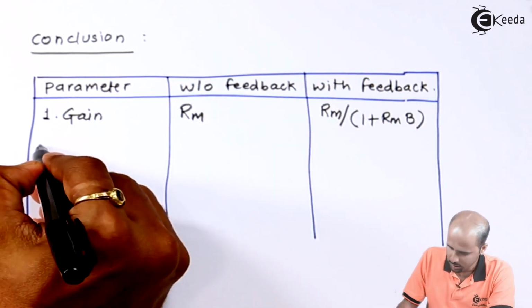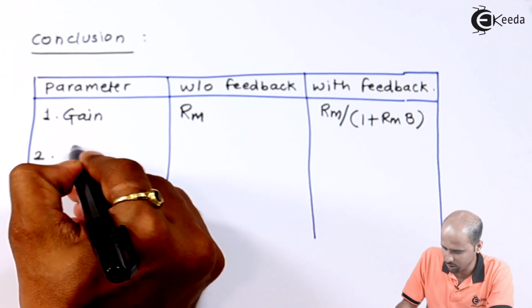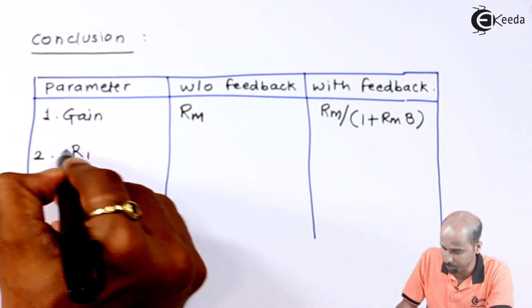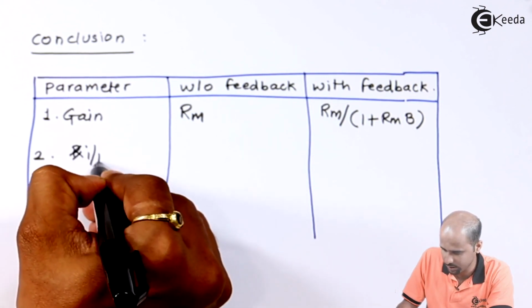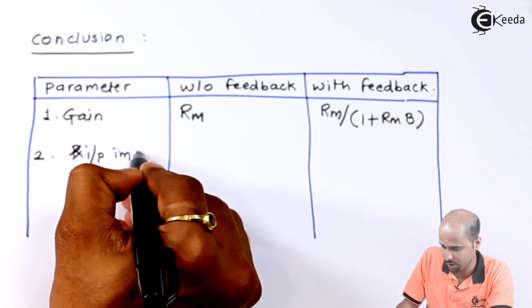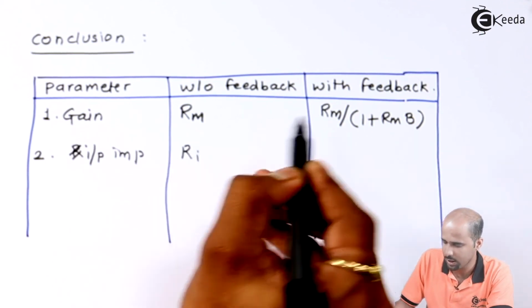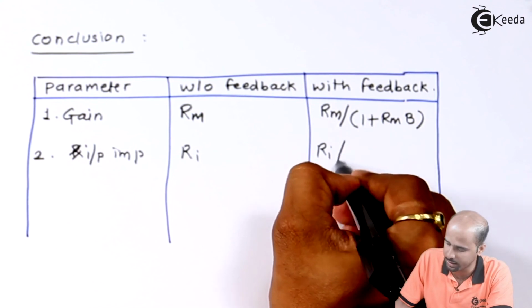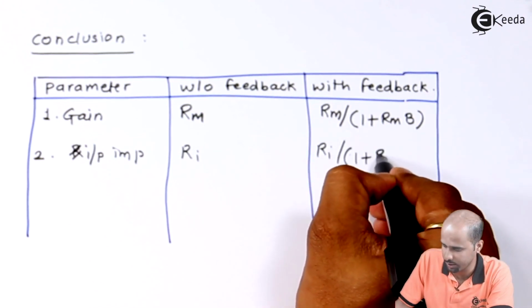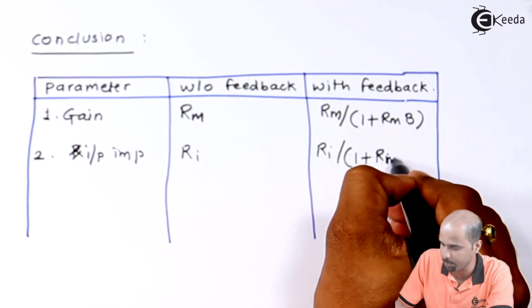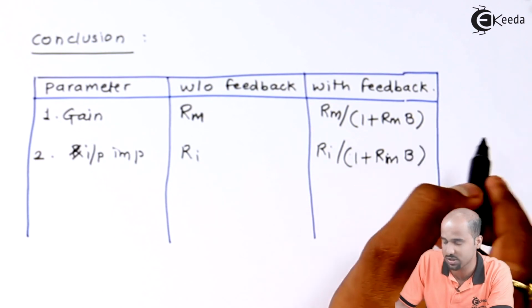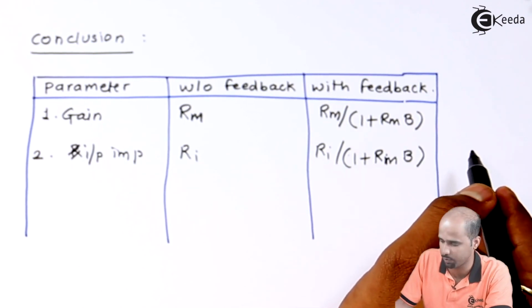With feedback we have a decrement in the gain: Rm divided by 1 plus Rm into B. The second parameter is input impedance. Here it is Ri, and with feedback we again get a decrement in the input impedance, Ri divided by 1 plus Rm into B, where Rm is the gain of this particular type of negative feedback.